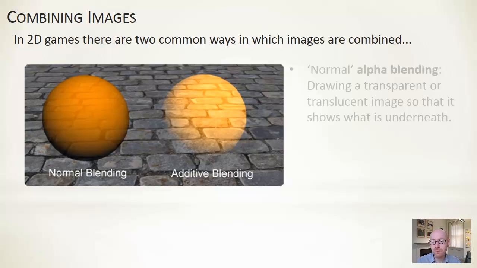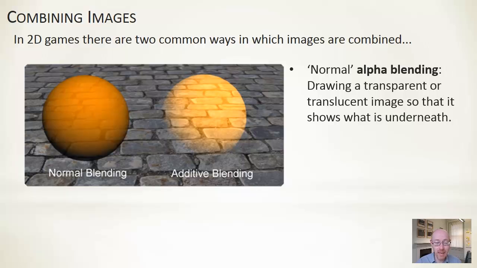The first one is just known as normal alpha blending. So when we talk about alpha blending, normally this is what we have in mind. And it's drawn a transparent or translucent image, one that you can see through to a certain extent, so that you appropriately see what is underneath. And depending upon the strength of the alpha value, it'll be more visible or less visible.